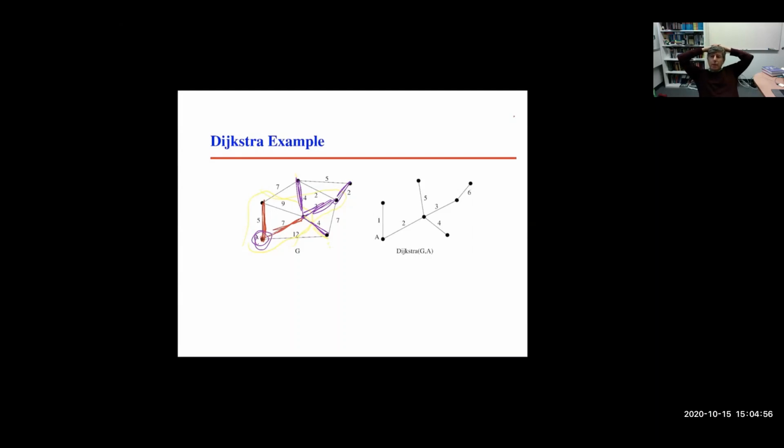Prim's algorithm, minimum spanning tree. I start Prim's algorithm from a different node. Will I end up with a different tree or the same tree? Any ideas? You could potentially have a different one. The minimum spanning tree isn't necessarily unique. So you're telling me that the minimum spanning tree is not unique, so there's no reason why I couldn't find a different one. And you're right.